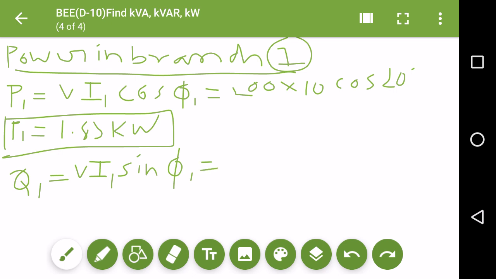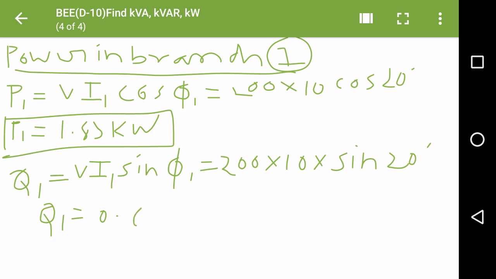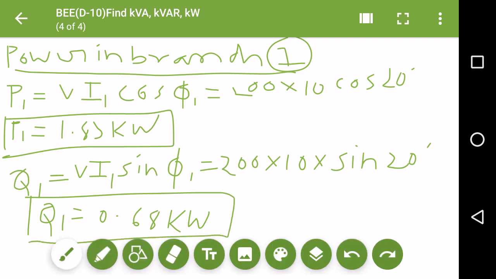Substituting the value, V is 200 into I1 is 10 into sine of 20 degree, which gives me the value of Q1, that comes out to be 0.68 kilowatts.